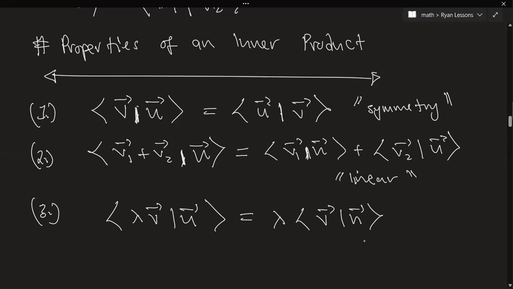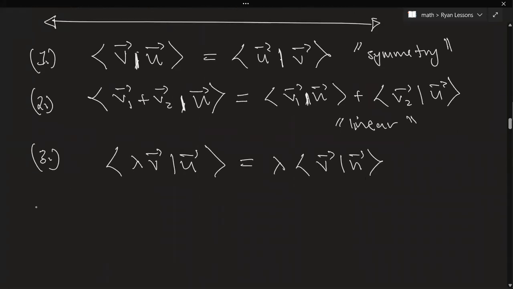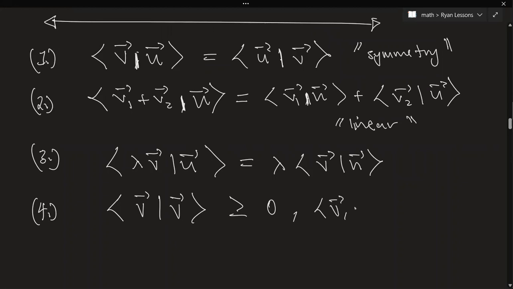Then the last property that the inner product has is that if you have V dotted with V, then this will always be greater than or equal to 0. And if this thing is equal to 0, then the vector V must be the 0 vector itself.